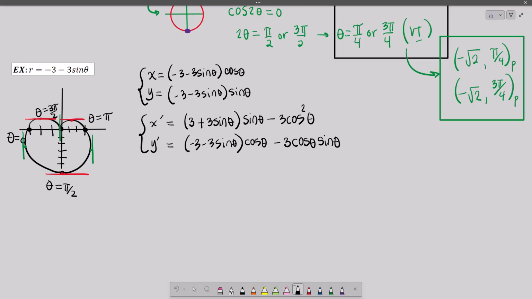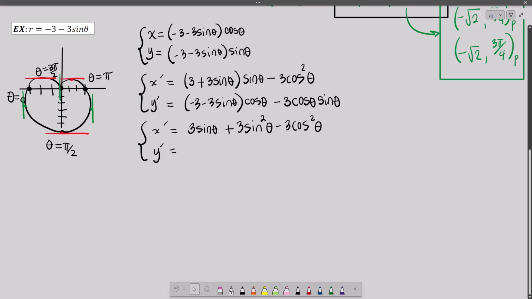There is some simplification here. Let's rewrite this and simplify it a little bit. It'll help us in the long run. For this one up here, we have 3 sine of theta, and then 3 sine squared of theta, minus 3 cosine squared of theta.